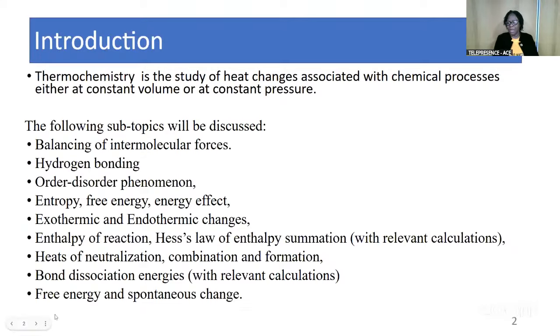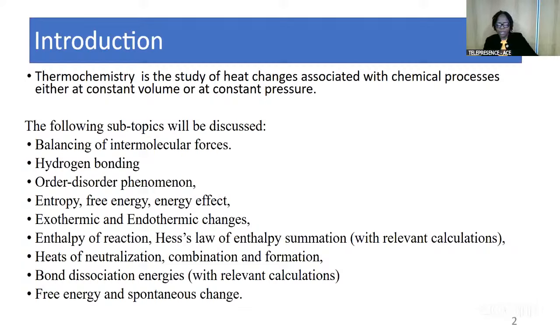First, we need to remind ourselves what thermochemistry is. Thermo, from the name, implies heat. So we are talking about the study of heat changes that are associated with chemical processes, either at constant volume or at constant pressure.